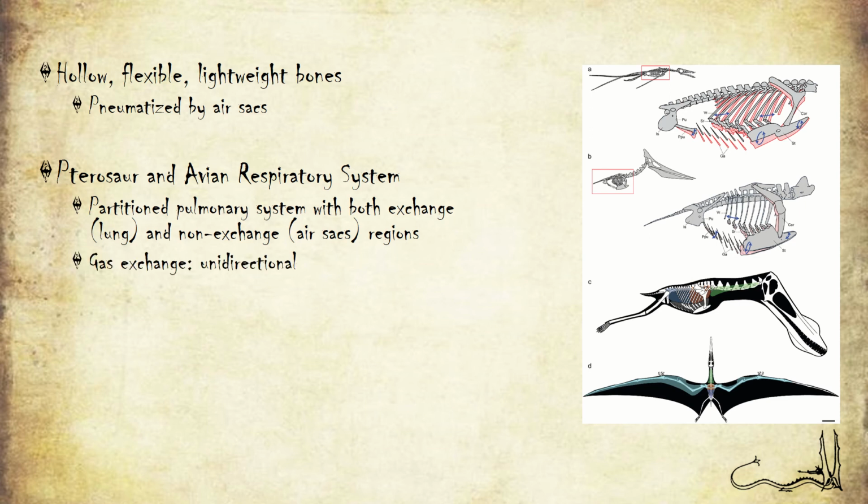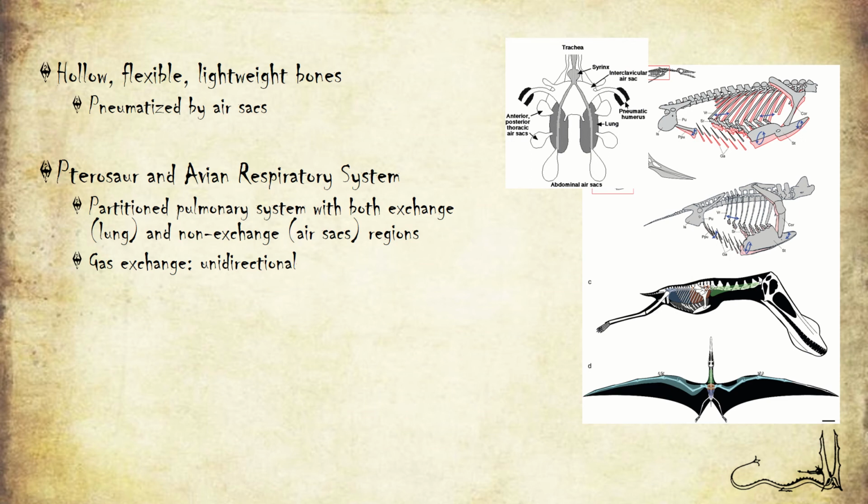So if I can draw your attention over to this picture of the avian respiratory system, this is how it essentially works. Now, when the bird first inhales, air goes into the posterior air sacs, which are located right around here. And when the bird exhales, the air will move from the sacs into the lungs.